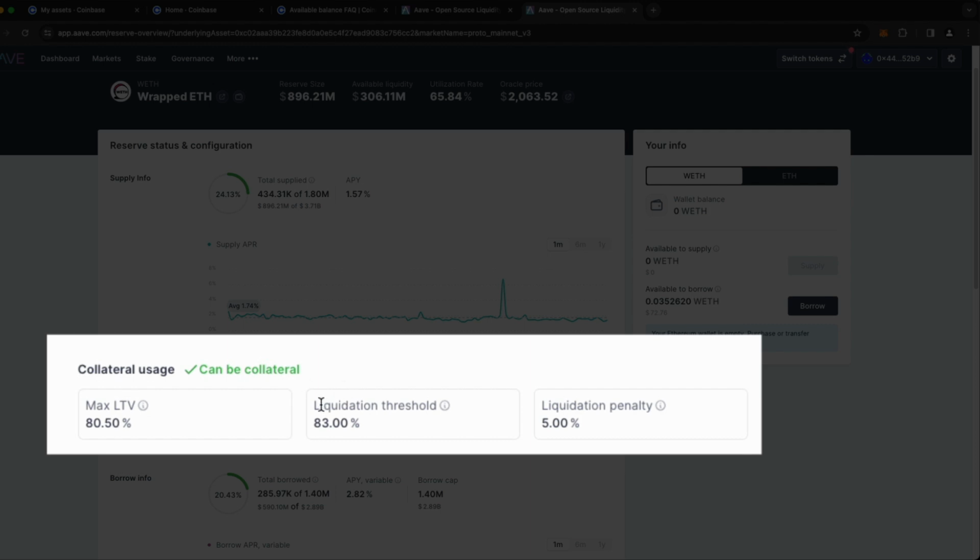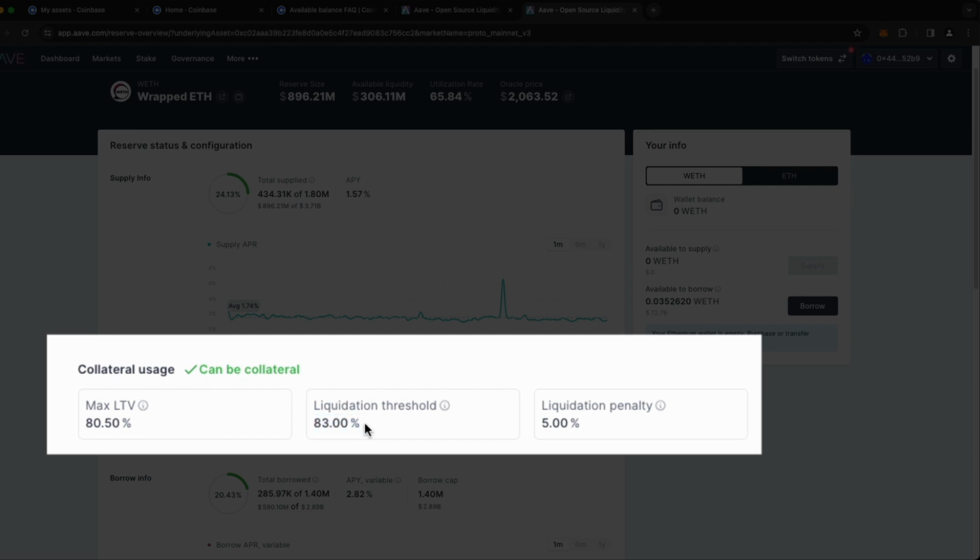Now, you can see the liquidation threshold. That's going to be when it decides to liquidate our collateral, if we go past the maximum LTV. So what that means is you don't want to borrow the max, because if you borrow the max, you're really close to the liquidation threshold.